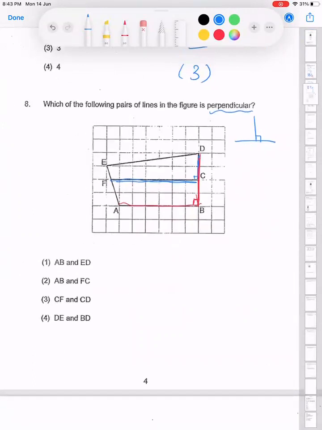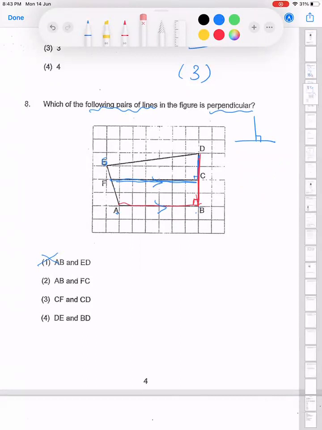Okay, so let's see what the question is asking. Which of the following pairs? So we can tell already. We just need to find A, B to E. It's definitely not E, so we know that's out. A, B to F, C. Like what I said just now, this will be parallel, which is not what we want to look for.